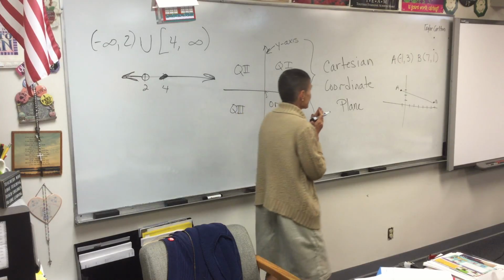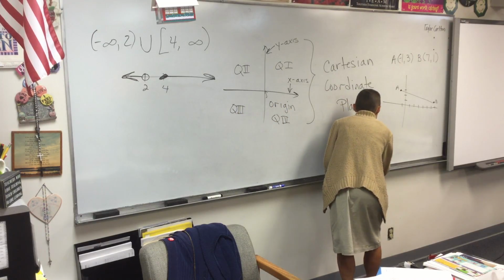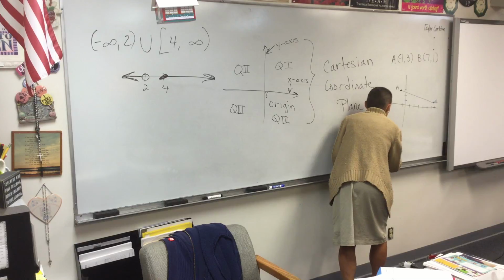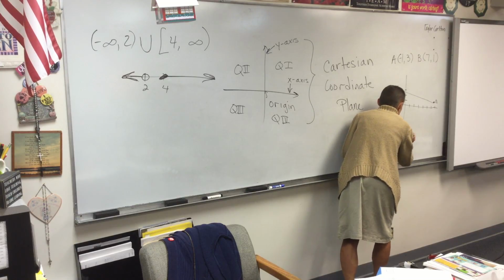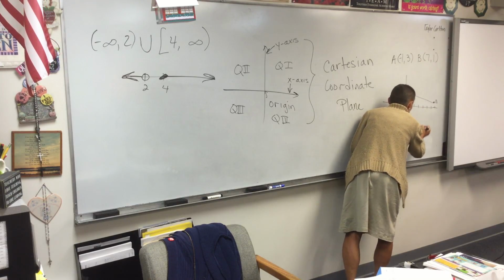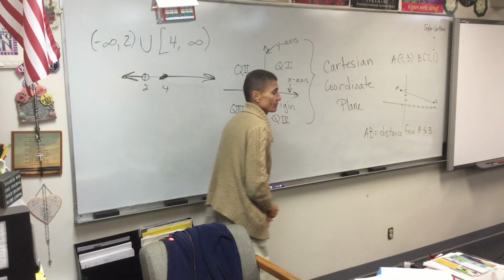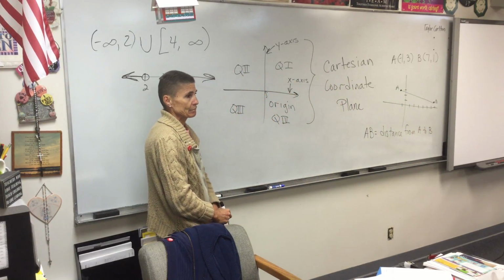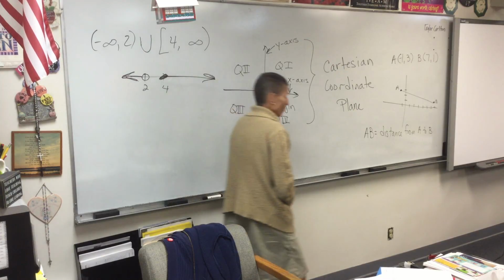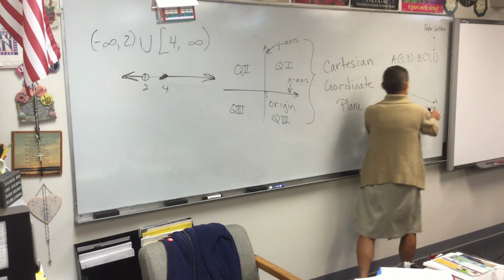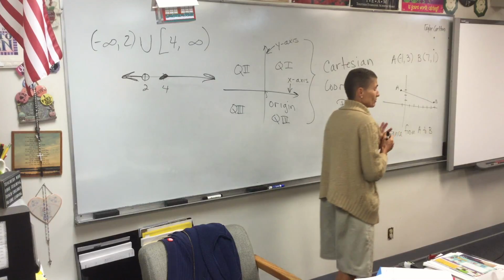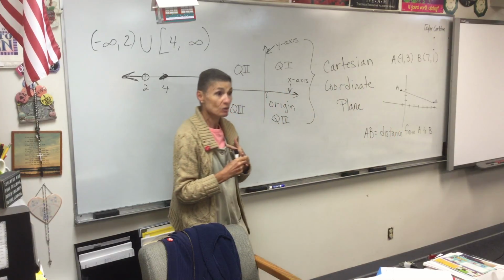This problem is asking me to find the distance from A to B. Not with a ruler. I'm not going to measure this distance. I'm going to find it algebraically. Do you remember how to do that? You all know.